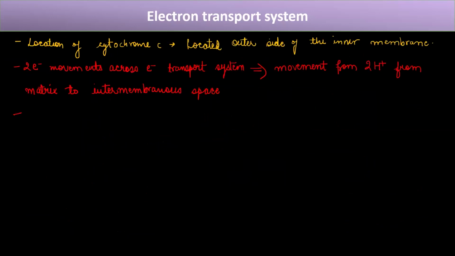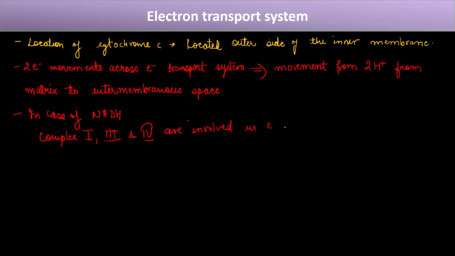So in the case of NADH, complexes first, third, and fourth are involved in electron transport, and it also leads to hydrogen ion transport or transfer. So in this case, the complexes involved are complex first, third, and fourth.